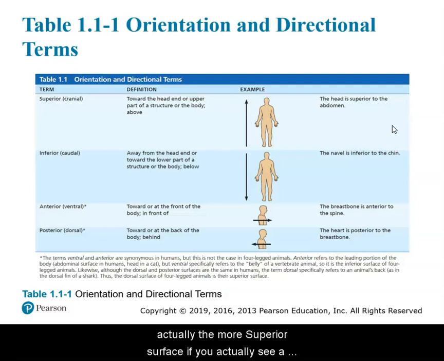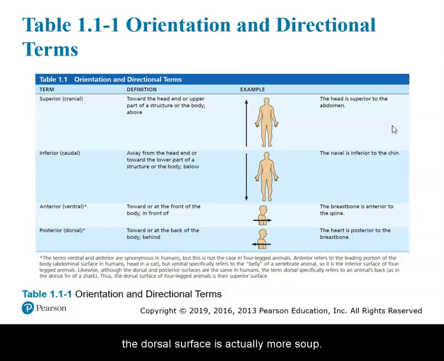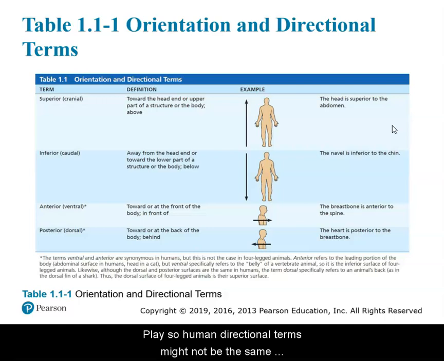If you see a four-legged animal standing on its four legs, we know that the dorsal surface is more superior. So human directional terms might not be the same as animal directional terms, but fortunately for us, we are just focusing on human anatomy and human directional terms.